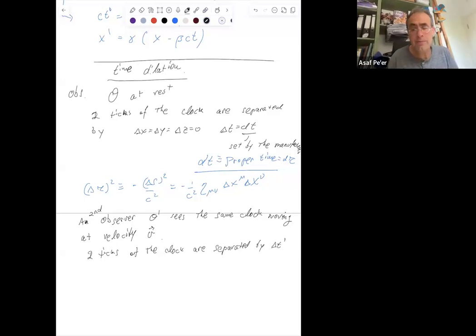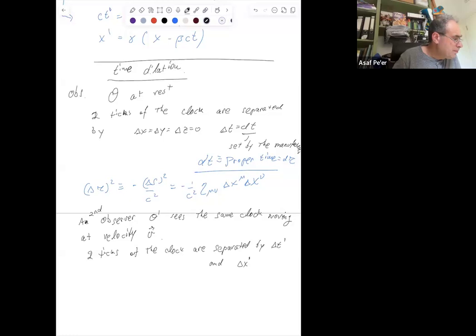This is a prime frame. And also there is a space difference because the clock is moving, delta x prime, which is v delta t prime. To be precise, we put a vector here.